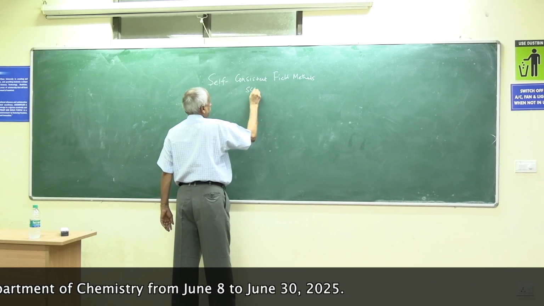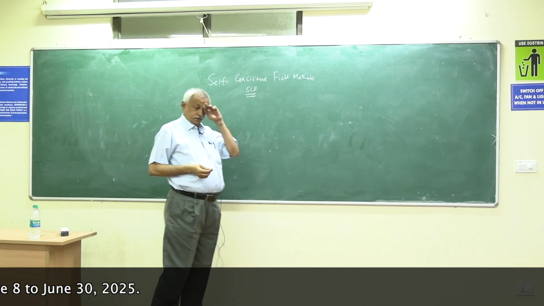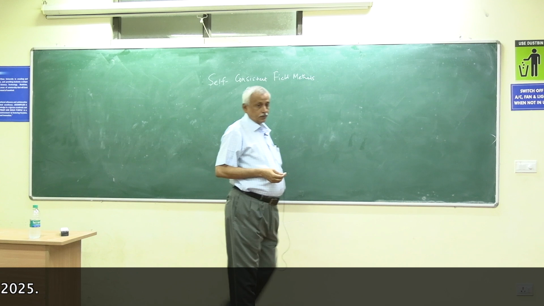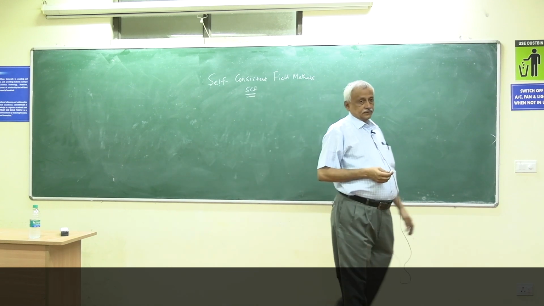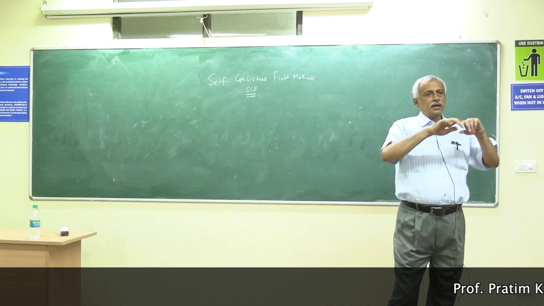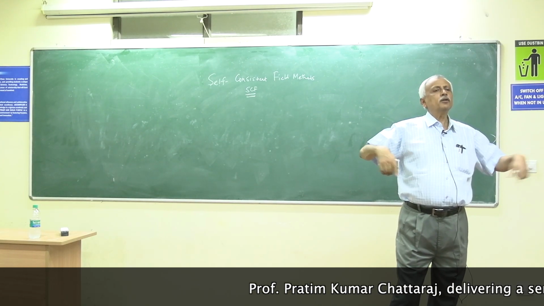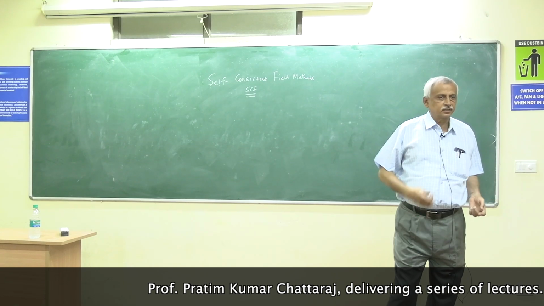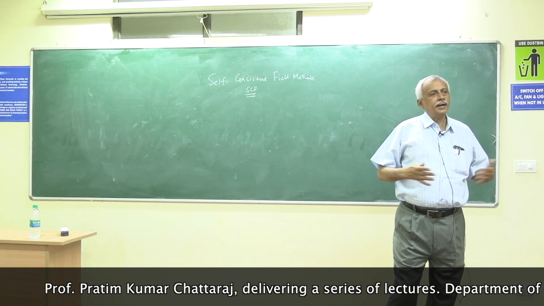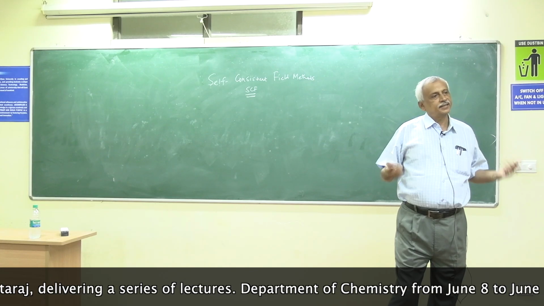These are called SCF methods, or self-consistent field methods. Self-consistent field, the general meaning is you start with some trial guess, keep on improving upon it in an iterative fashion, and go on until your required tolerance limit is attained.